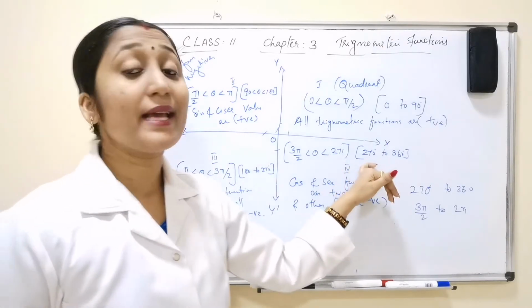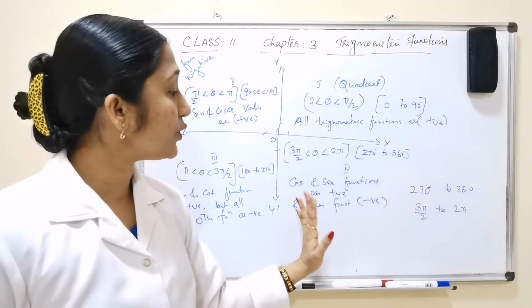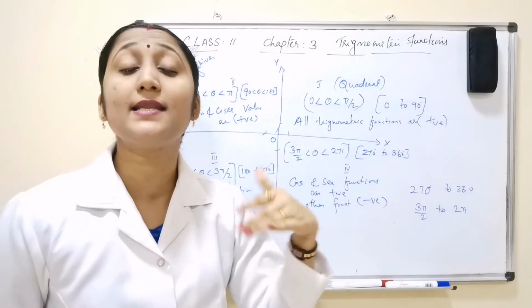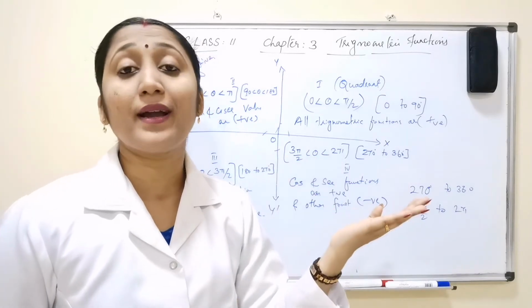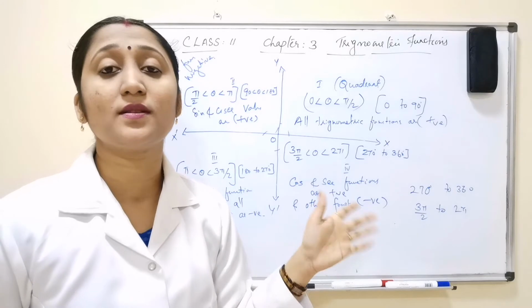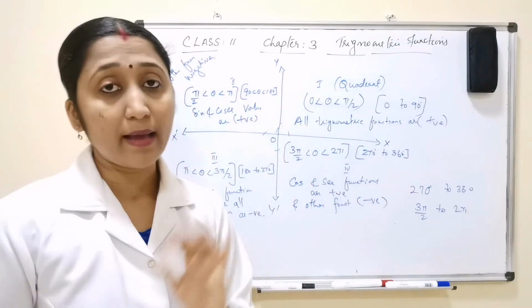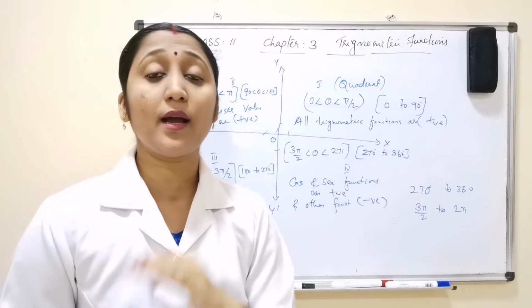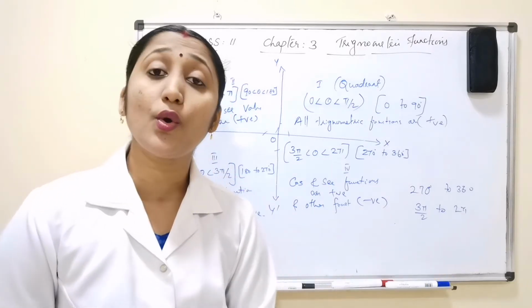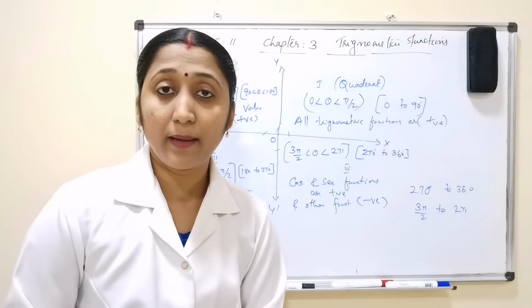In the fourth quadrant, 270 to 360, cos and sec functions are positive and all other functions are negative. These are based on the quadrant, and we want to know these facts, and only then move on to exercise 3.2. Let us do exercise 3.2.